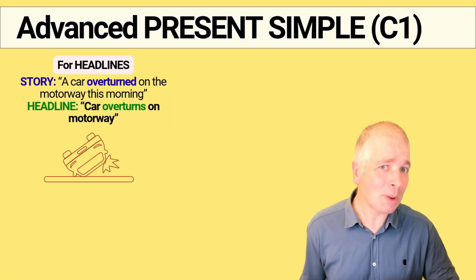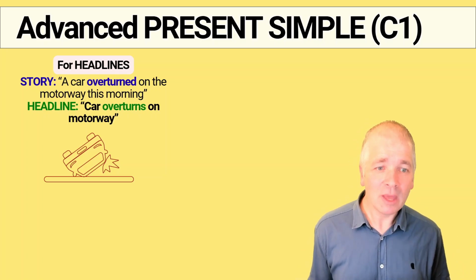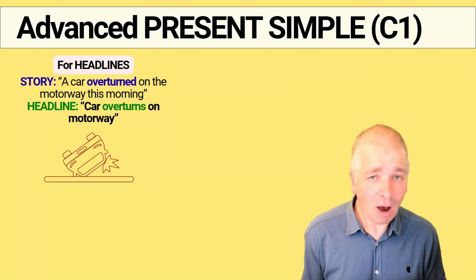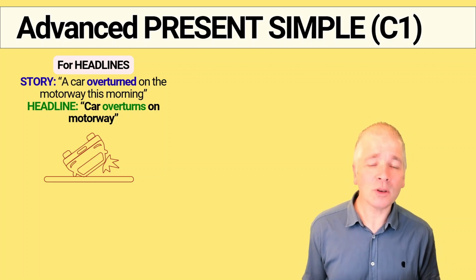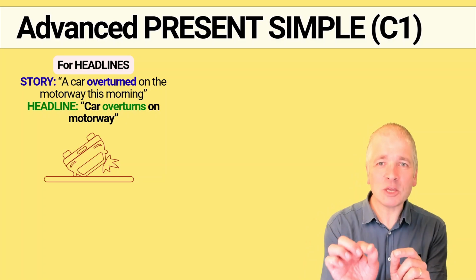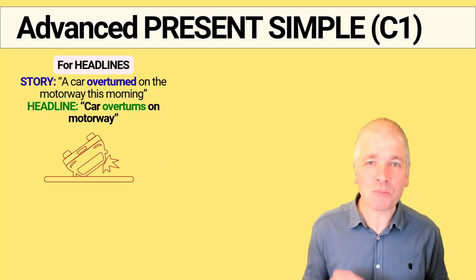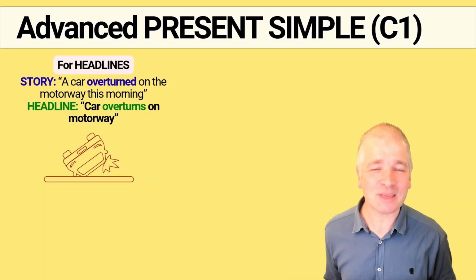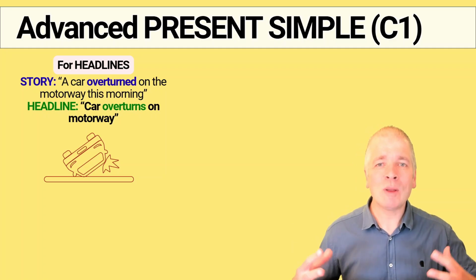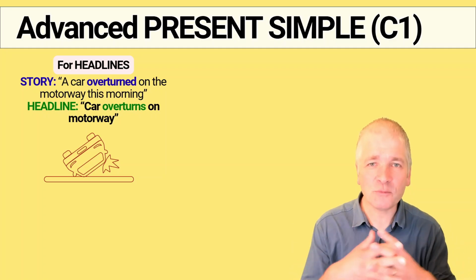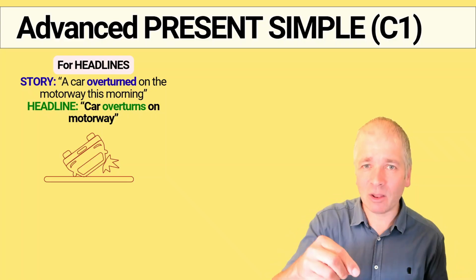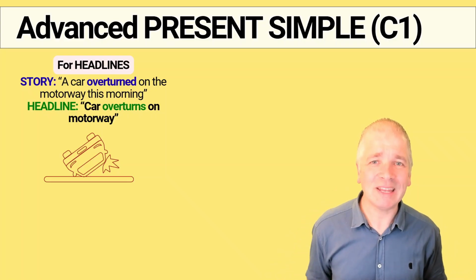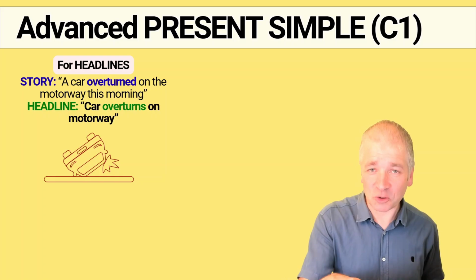But if I put it into a headline in a newspaper, they would say this: car overturns on motorway. Now, why did they use overturns? Notice that's the present simple for a past event. It's because when we shorten it and write in note form and turn it into a headline, often we'll turn it into the present simple to do that.